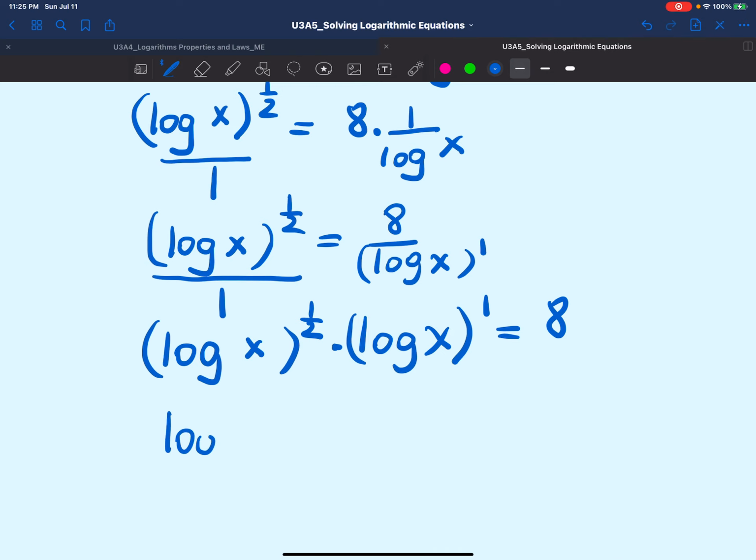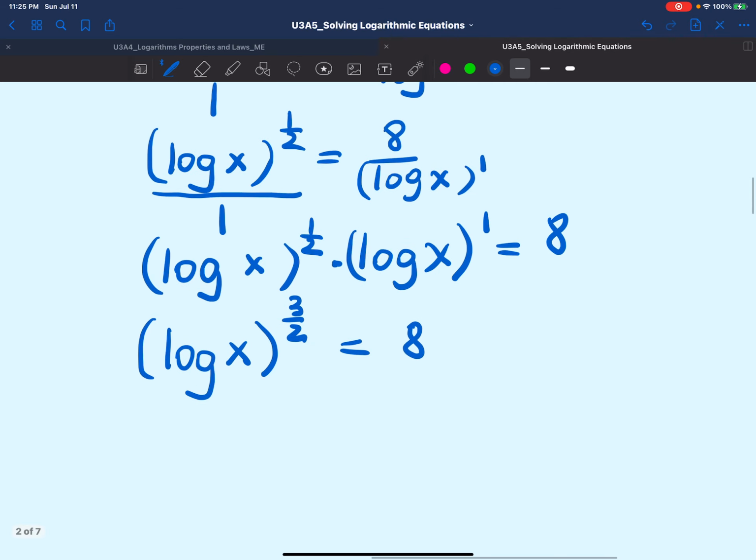So log with base 10 of x to the power, here we have 1 over 2 plus 1, which is basically 3 over 2. And I'll write this down because I know you know how to add these two fractions. Equals 8. So again, our goal is to isolate x.